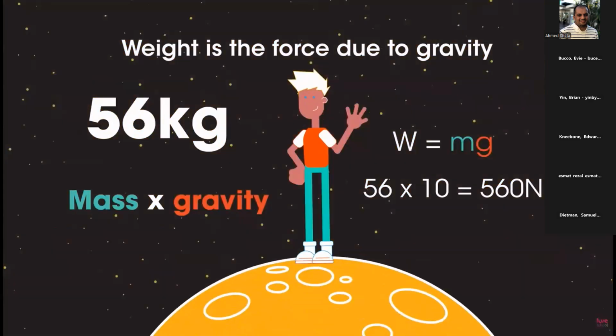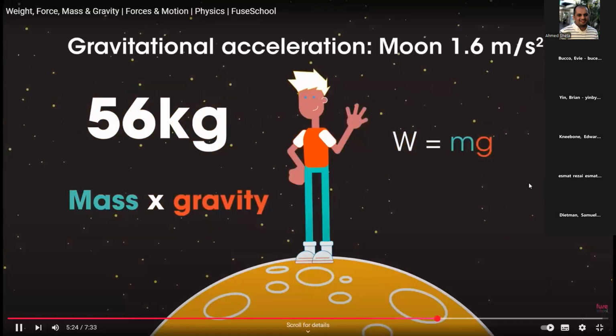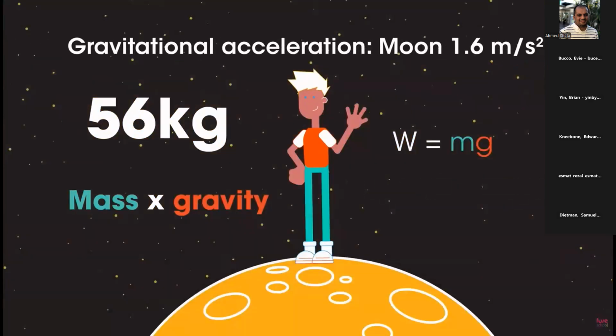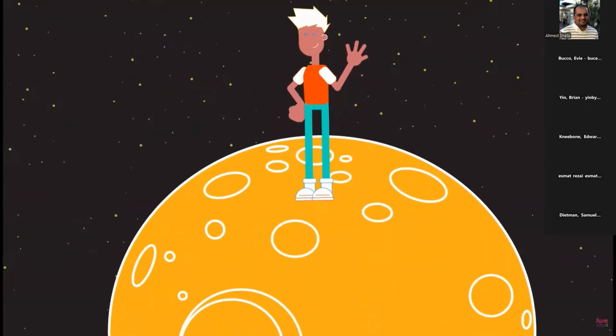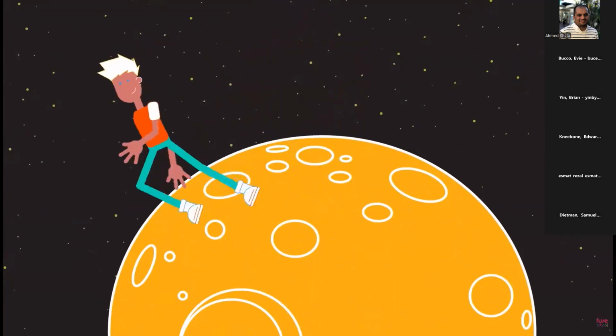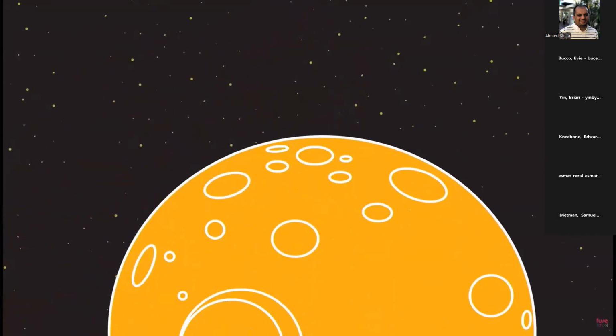But what about on the Moon? The gravitational acceleration on the Moon is only 1.6 meters per second squared. I hope you got 89.6 newtons. So, you would feel very light on the Moon, and if you tried to walk, each step would send you leaping away from the surface.